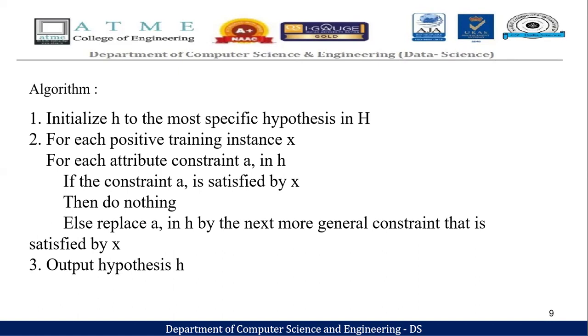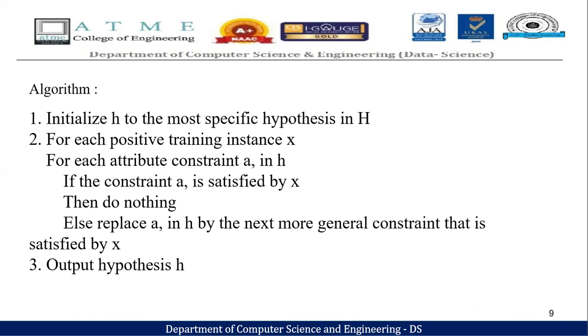For each attribute constraint A in H means in that hypothesis, for all the attributes, if the constraint A is satisfied by X, if the attributes in the hypothesis and attributes in the instance X both are the same, then you should not do anything.